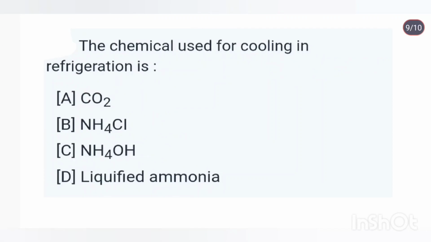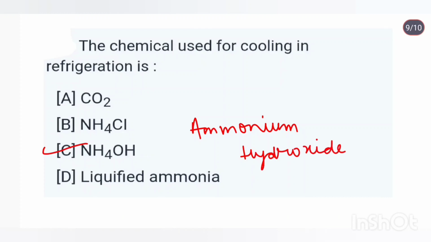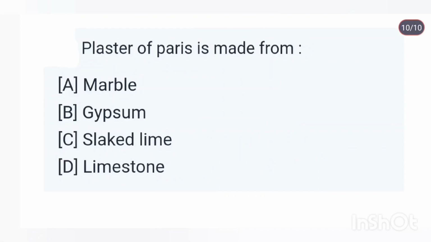The chemical used for cooling in refrigeration is NH4OH, ammonium hydroxide. Plaster of Paris is made from gypsum. Plaster of Paris is prepared by heating calcium sulfate dehydrate or gypsum.